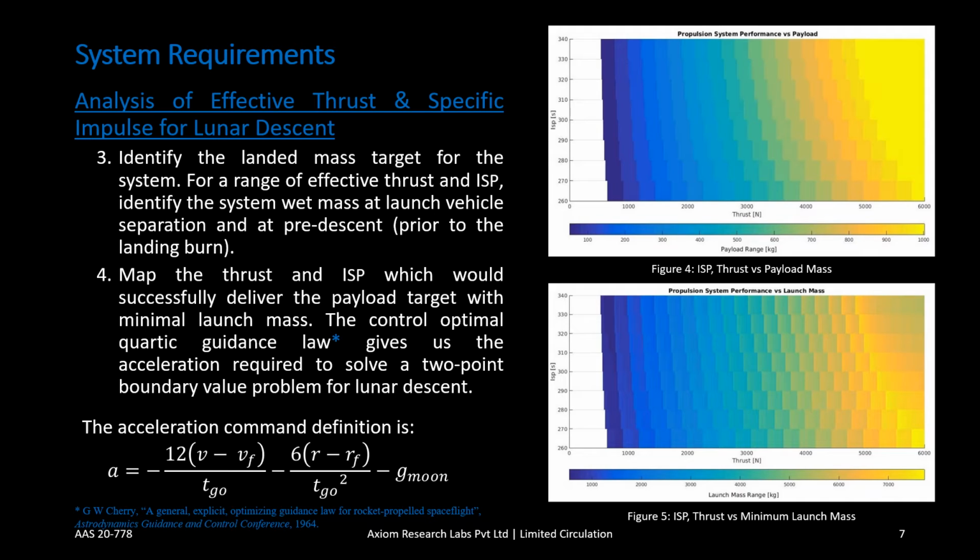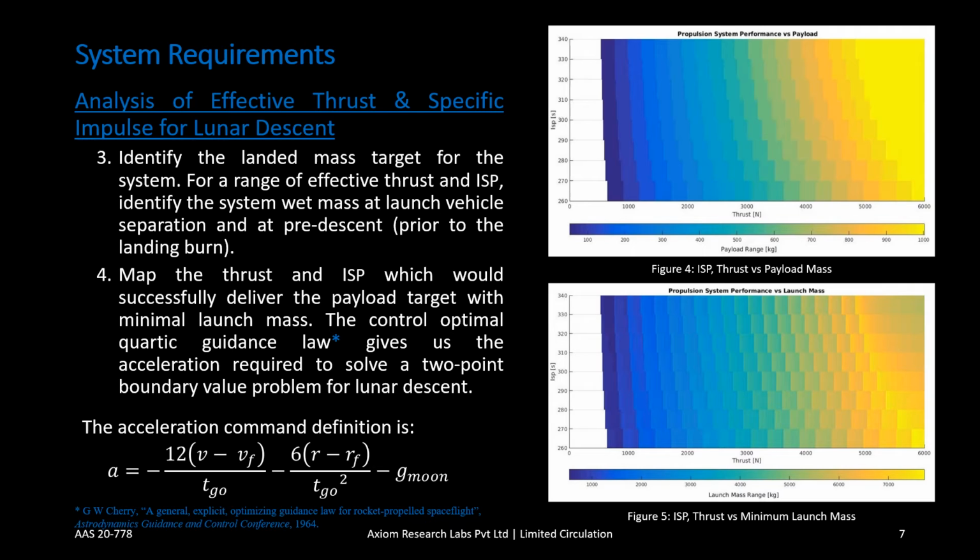So as expected, as the thrust and ISP increase, the payload range increases. However, the value of the payload range saturates after the last thrust ISP contours, and there's very marginal increase of the payload beyond that.